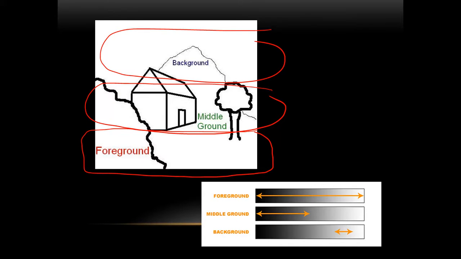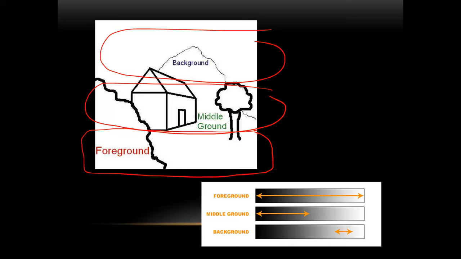So most drawings and pictures and paintings can be divided into these three areas. The reason this is important is because how you approach adding the details and what color or shading you use depends on where objects are located in three-dimensional space.